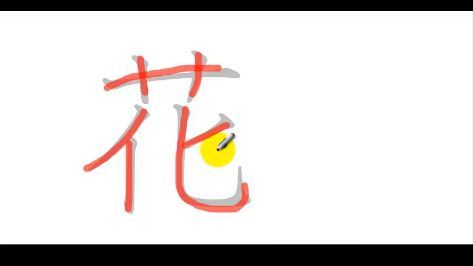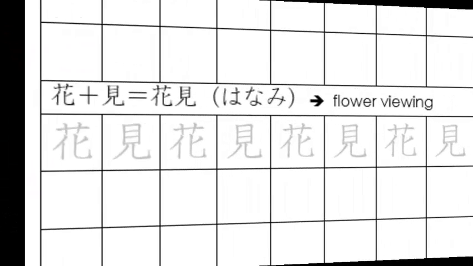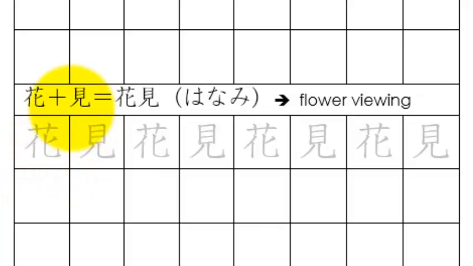If you think about it, a little tiny baby does eventually change into an actual person, doesn't it? And when you've got grass and it changes, it can change into a flower or hana. The next part of hanami is just the kanji mi, to see, and you already have learned that. So hanami should be quite easy for you.